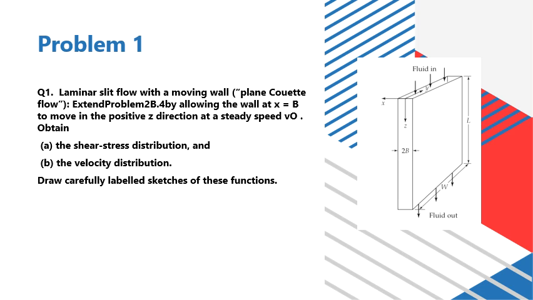So in this problem, we will consider a wall here at x equals 0, this minus b, and this plus b.